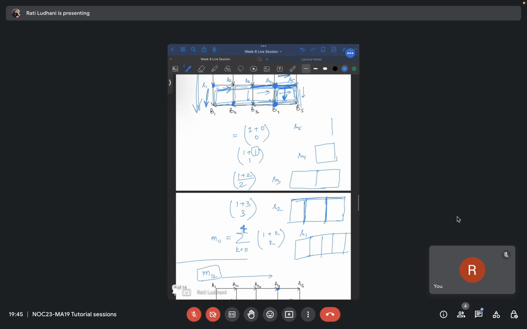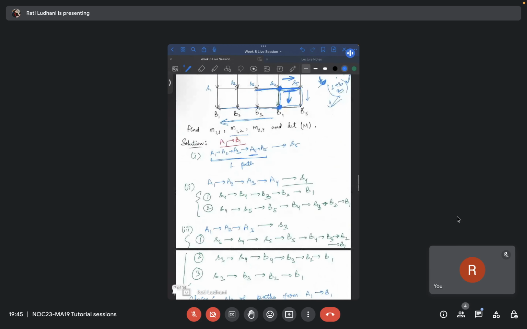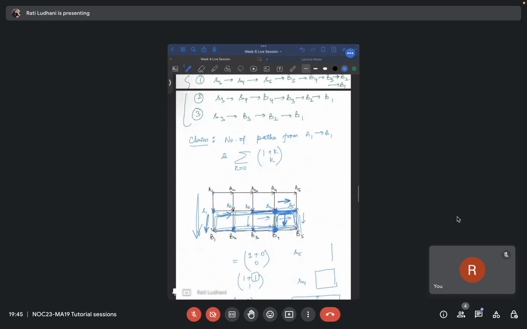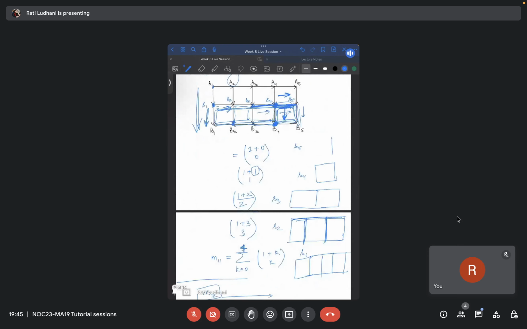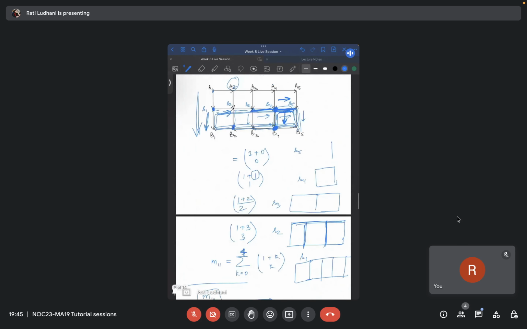Yes, ma'am. Okay, so M11 is this, M12 is this, and M24 I'll quickly calculate. You are at A2, so you will have to remove the last one at each step. When you come to A2, you cannot have this S1 box, because you cannot go to S1.